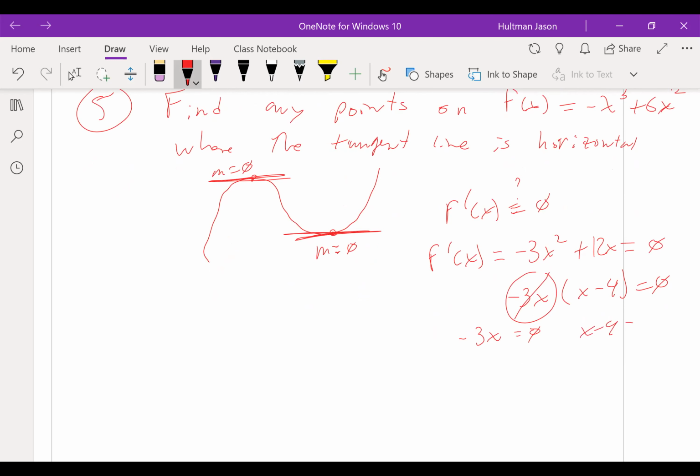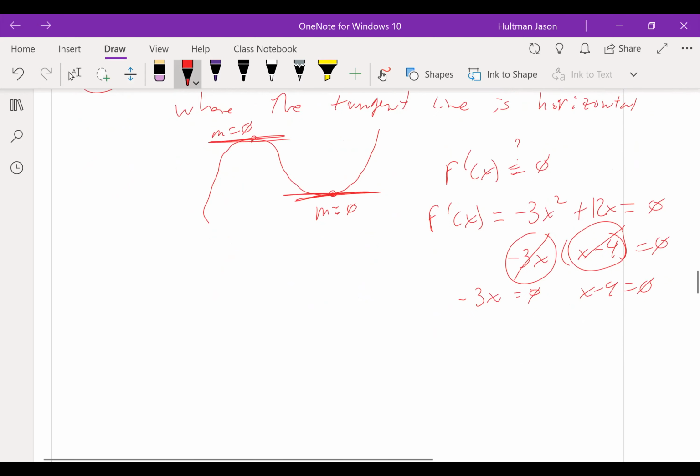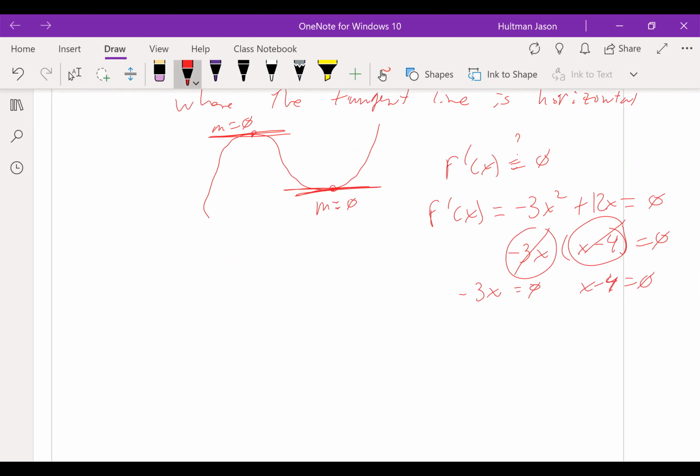Or x minus 4 equals 0. If that's 0, then that also goes to 0. So divide by negative 3, x equals 0. Or, add 4, and x equals 4. So at x equals 0 or x equals 4, we have horizontal tangents.